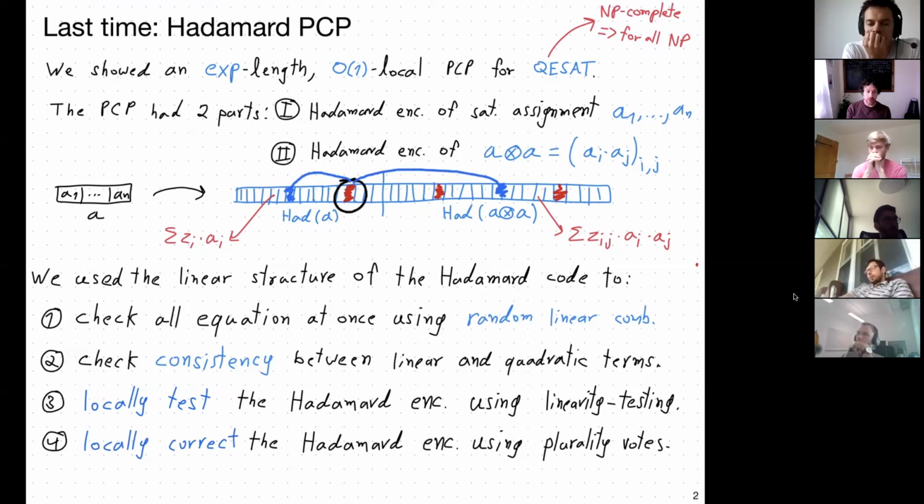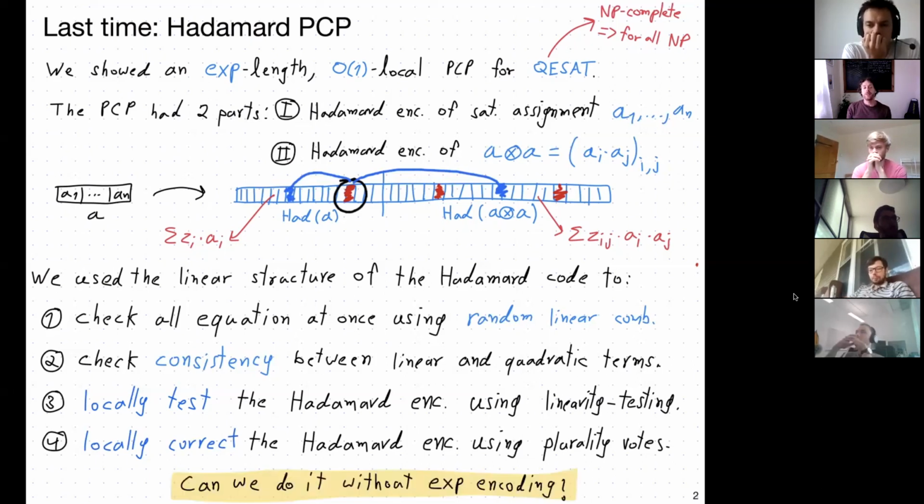And what we'll do today is to ask, this is amazing that this can be done, but can we do it without adding an exponential amount of information? Because in some sense, when we're adding an exponential amount of information, maybe we can think it's a bit cheating, right? Because we think about polynomial time machines, and it doesn't feel as natural as maintaining the polynomial length proof that we have in the setting of NP.